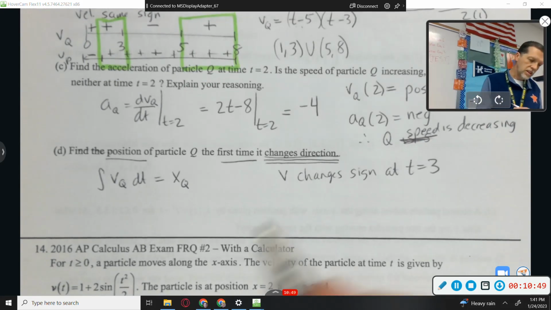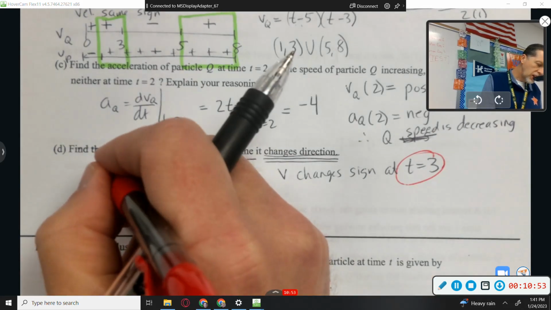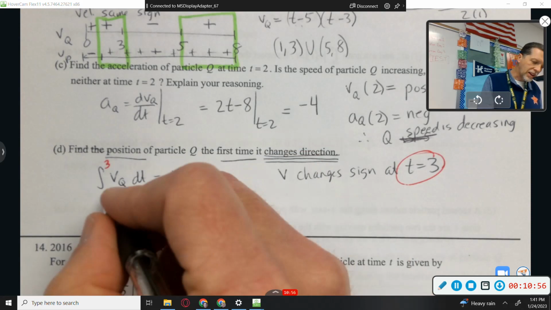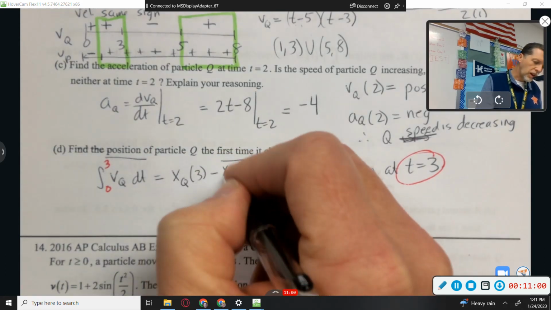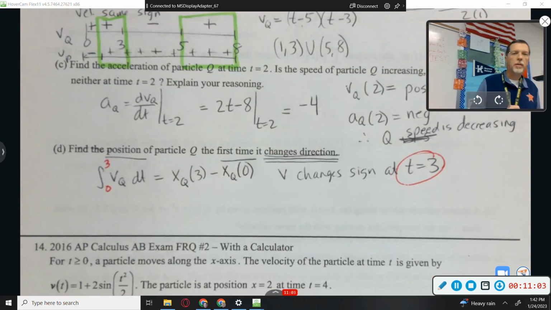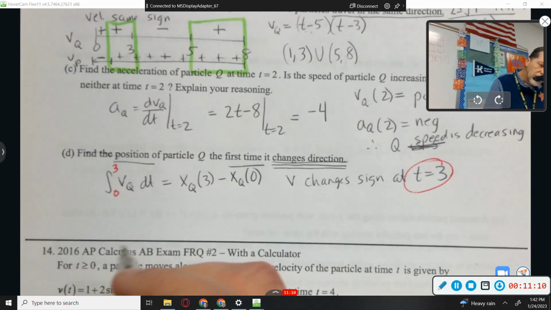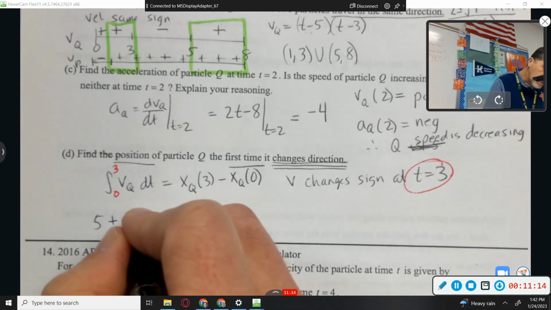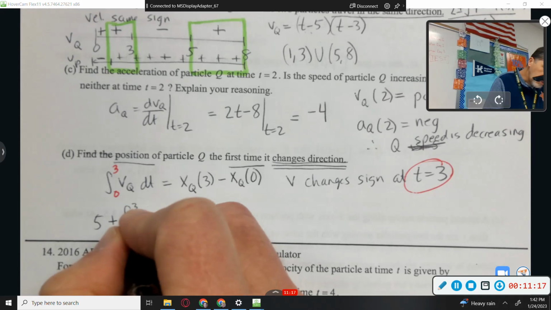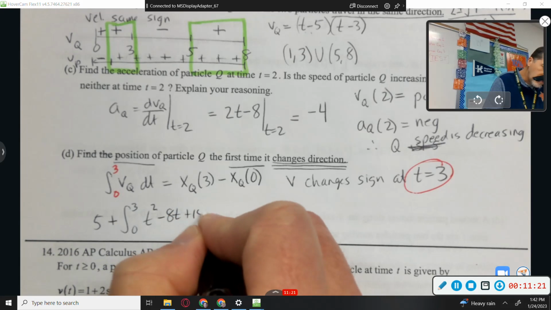The first time it changes direction, so I definitely want to use 3. And it told me x of 0, so let's use 0 and 3, because I know what the position is at 0. So 5 plus the antiderivative from 0 to 3 of t squared minus 8t plus 15.